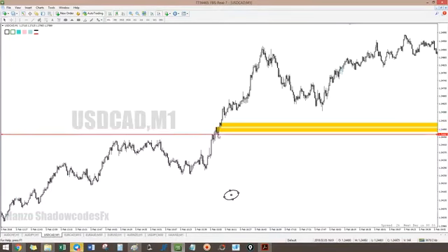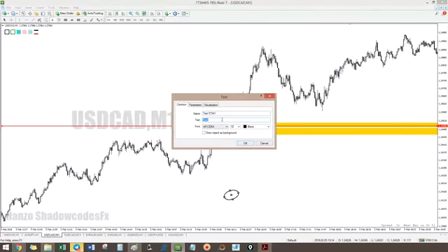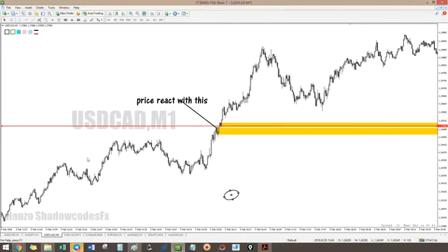But during your live trade, let me write this. Price reacts with this. But this is the claim rate.